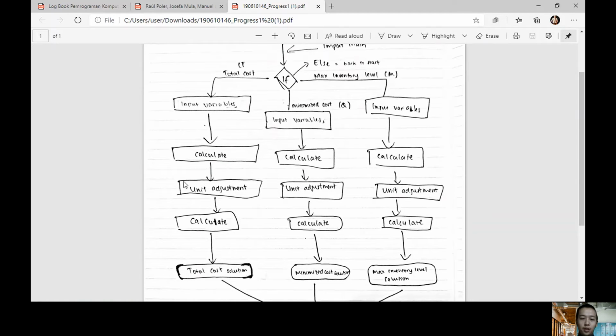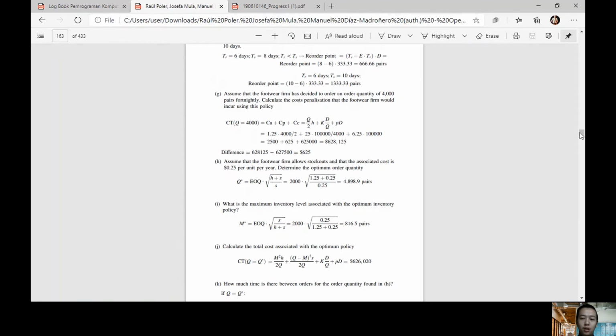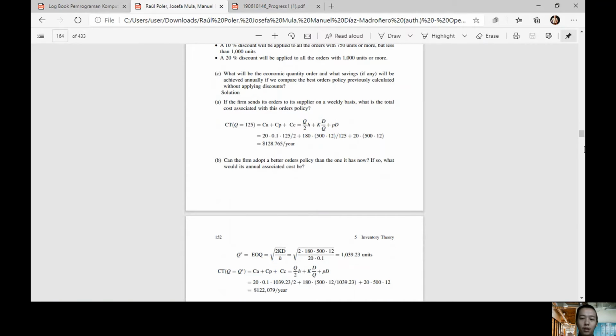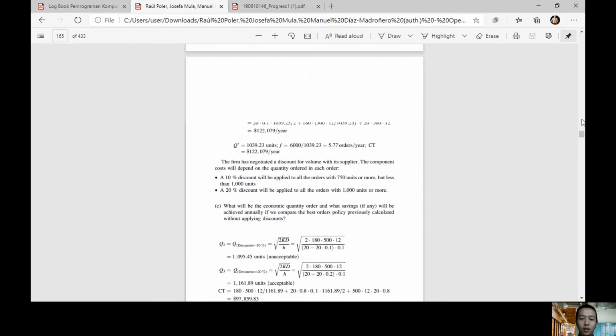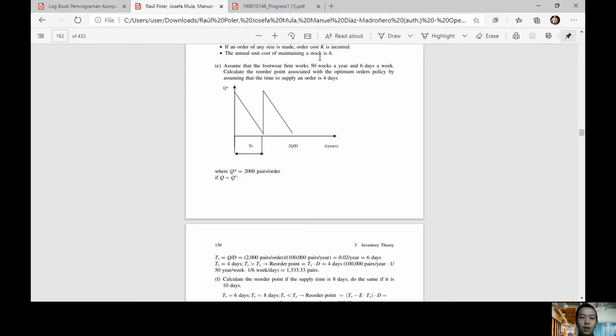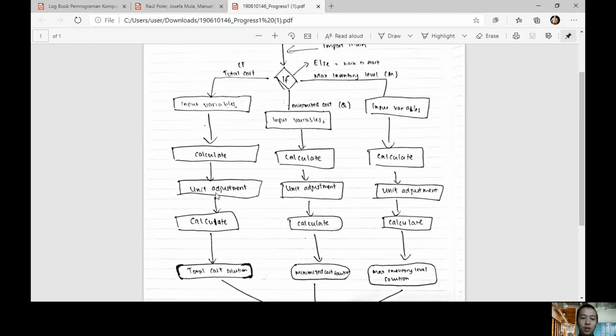At first there was a unit adjustment that was planned to be in the program, but other problems might have different units, because it could be universal, so the unit adjustment was removed from the options of the program.